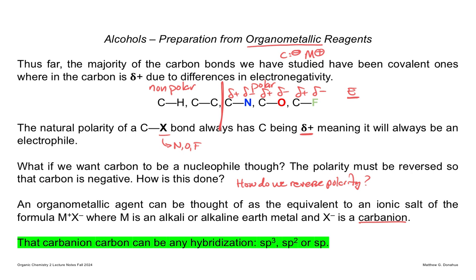The M is typically a metal, either in the +1 or +2 oxidation state. The carbon can be any of the hybridizations that you've learned so far, sp3, sp2, or sp. And so on the next slide or two, they're all organometallic reagents, but sometimes they're given specialized names based on the scientists that sort of discovered it, made it popular.